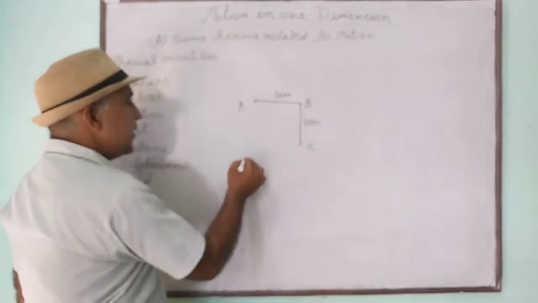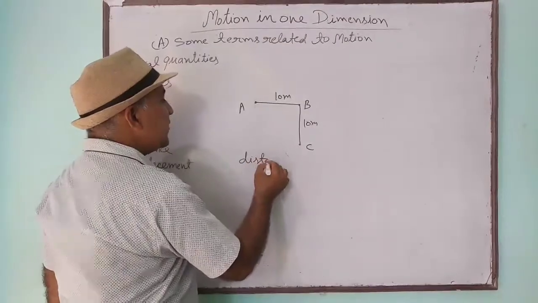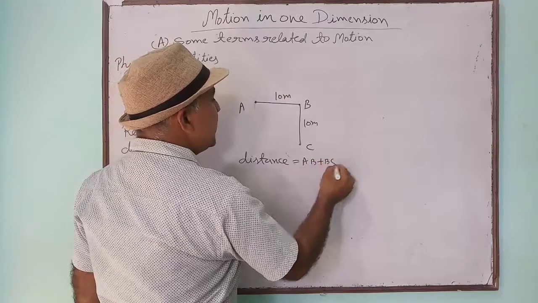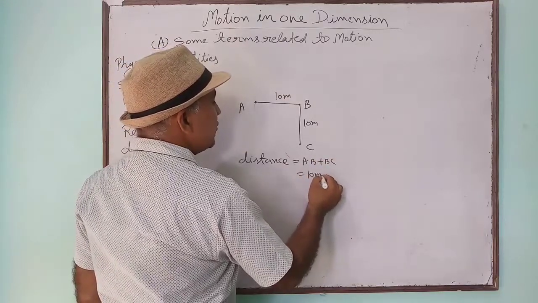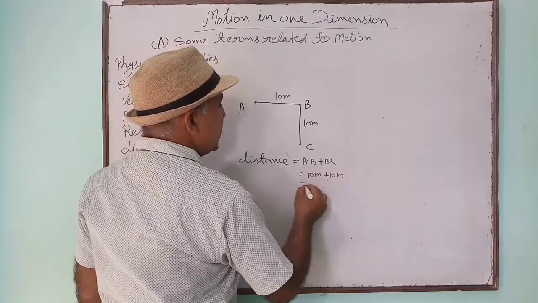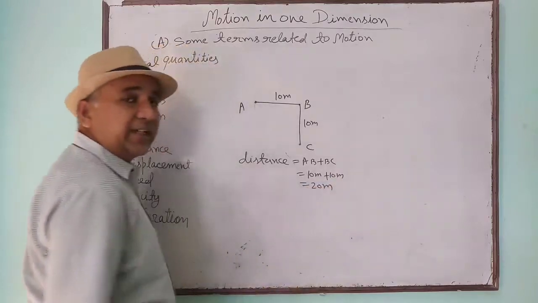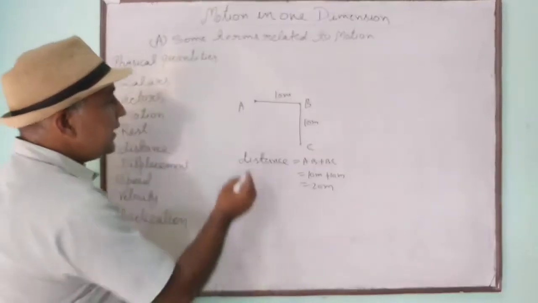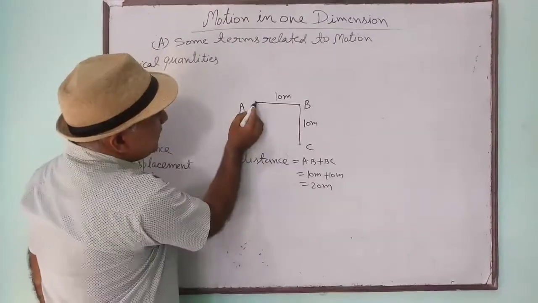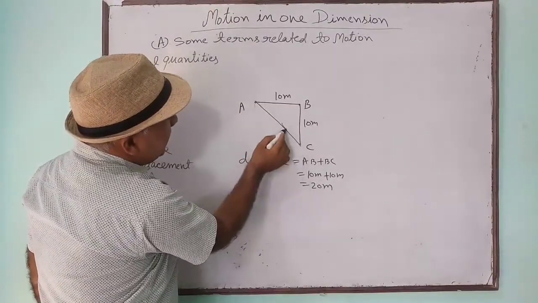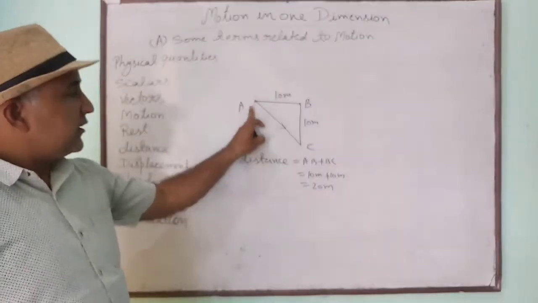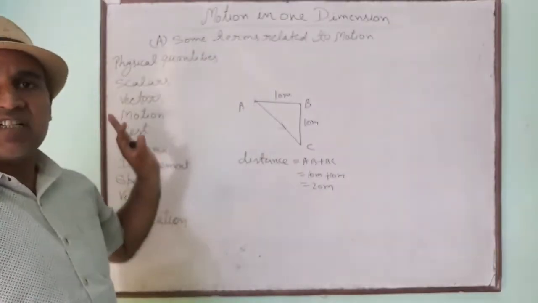In this case, the distance is AB plus BC, which is 10 meter plus 10 meter, that is 20 meter. But the displacement is the direct distance between A and C, between initial and final position.